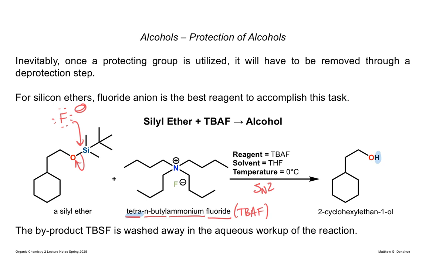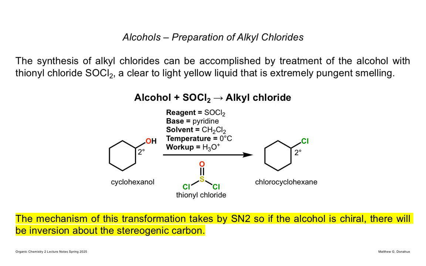The longer those chains are, the more organic it is, and so it's soluble in the solvent, THF. Na plus F minus, in theory, would do the same thing, but sodium fluoride is not going to be soluble in organic solvents.